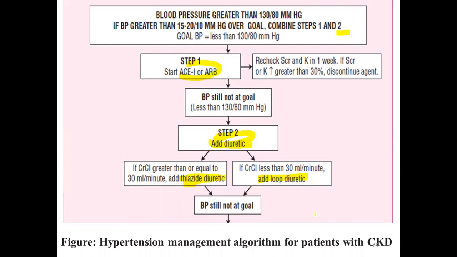But if the creatinine clearance is less than 30 ml per minute, loop diuretics are very efficient. Among thiazide-like diuretics, metolazone can be considered even when the creatinine clearance is less than 30 ml per minute, but mostly loop diuretics are commonly recommended.